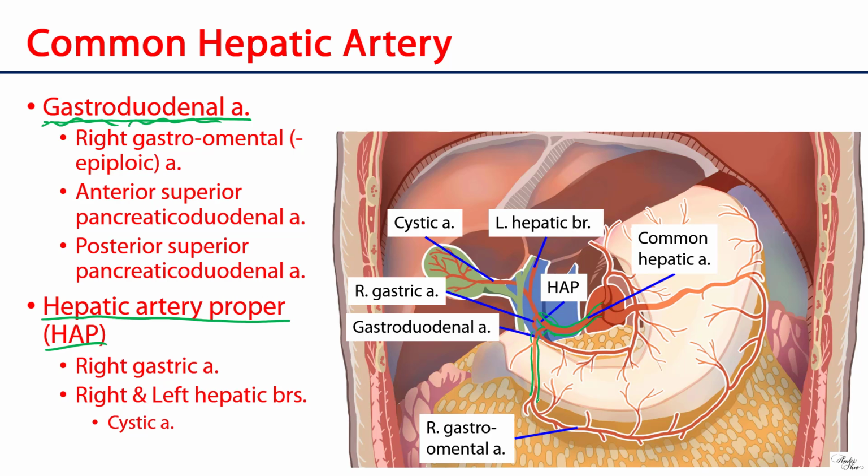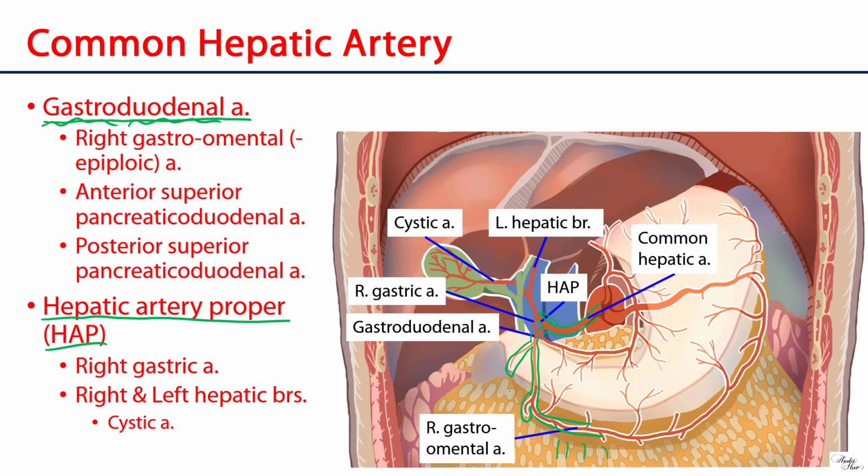So we've already mentioned that right gastro-omental artery, which serves the stomach along the greater curvature, as well as the greater omentum. And then there are also superior pancreatico-duodenal arteries. So here we can see a posterior superior pancreatico-duodenal artery, and here we can see an anterior superior pancreatico-duodenal artery.